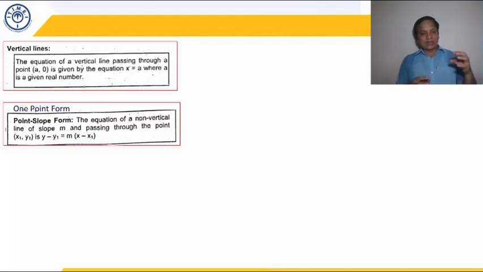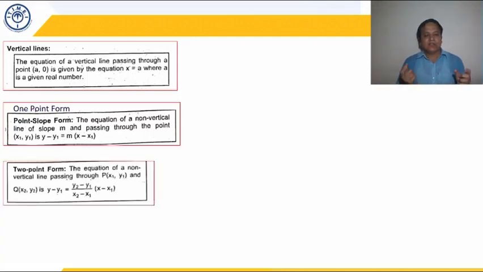If it is given that the line is passing through a point (x1, y1) and its slope is m, then its equation is y - y1 = m(x - x1). This form is called the one point slope form. We require a coordinate as well as the slope of the line.